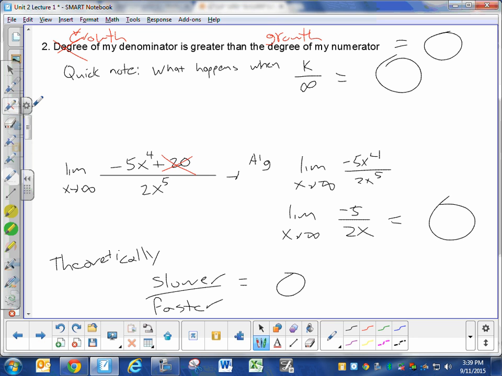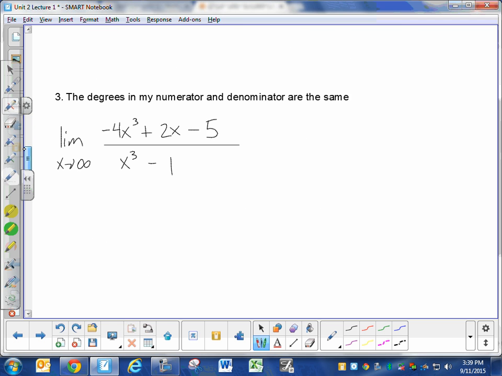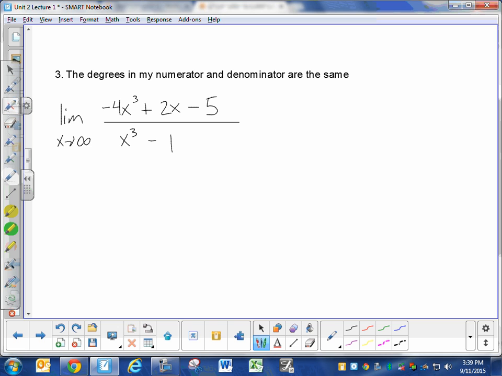Okay, now the last situation is if your growth is the same. If the growth of your numerator and the growth of your denominator are the same. Well, the best way to show this is the algebraic way. You got negative 4x cubed plus 2x minus 5 over x cubed minus 1. You should know that all the stuff to the right of those x cubes is insignificant.